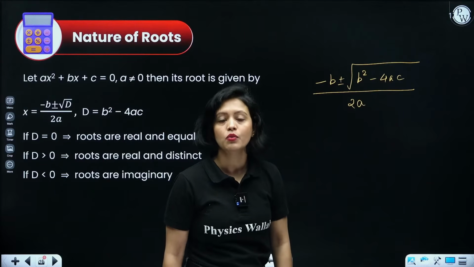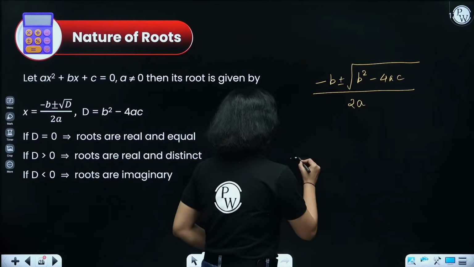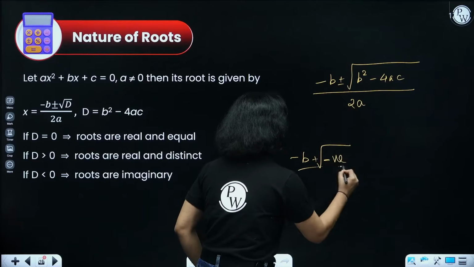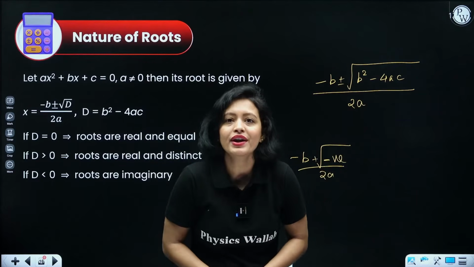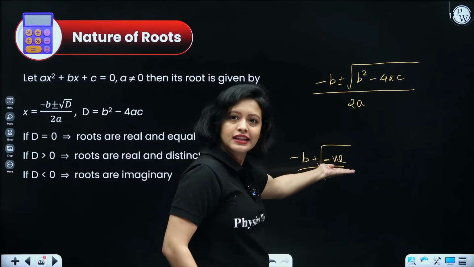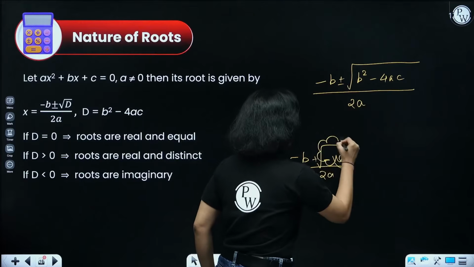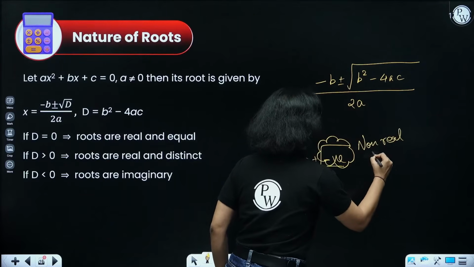There will be a problem. Why? Because I do not know how to find the under root of a negative number. How will I do that? Matlab, there is no real number, guys, which looks like this, right? So this entire part becomes non-real. When does it become non-real?